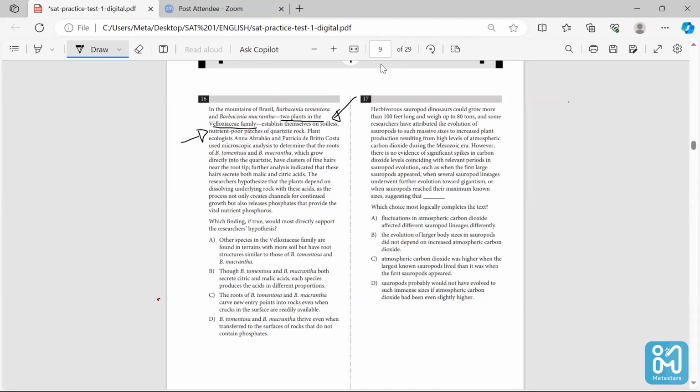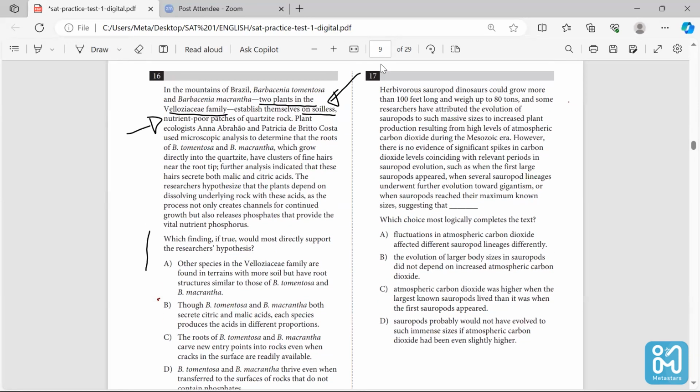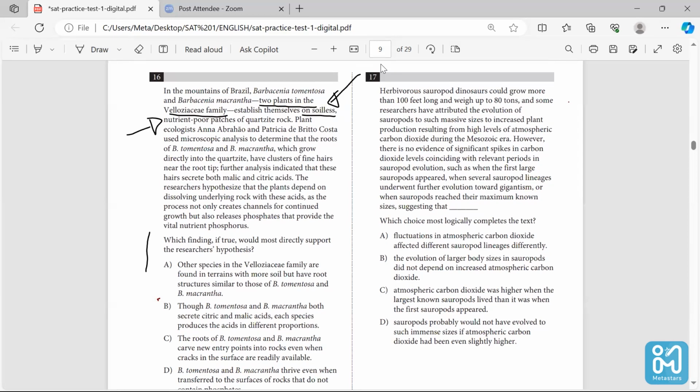Even though the explanation was hard, I'm going to underline certain keywords for students to recognize as the main keywords. These are the main keywords, right? Type that's roots. And this is the main focus of the paragraph, these two plants.